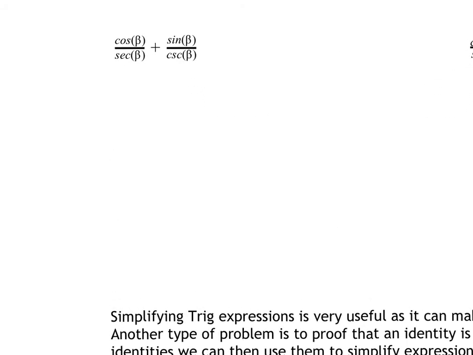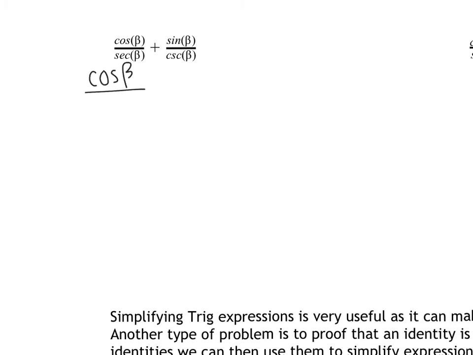Next, we want to simplify cosine of beta over secant of beta plus sine of beta over cosecant of beta. Now, before we would try to get these to be single fractions, we want to see if the fractions will simplify on their own using reciprocal identities. So we're going to leave the cosine of beta alone over secant, which is the same thing as 1 over cosine beta, plus leave the sine of beta alone over cosecant of beta, which becomes 1 over sine of beta.